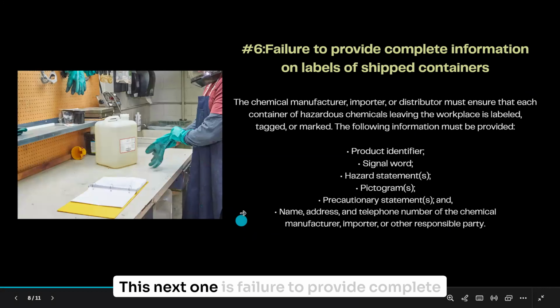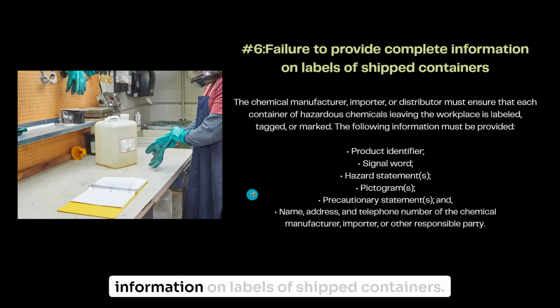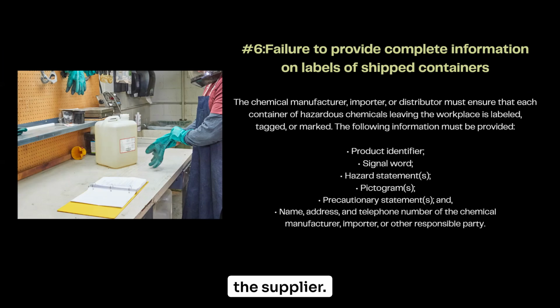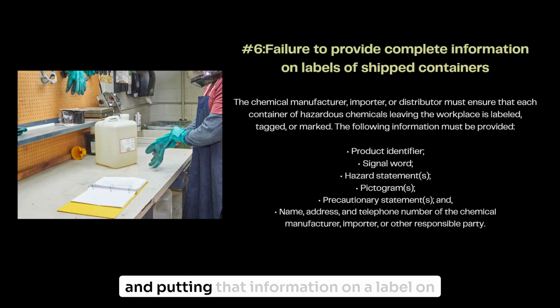This next one is failure to provide complete information on labels of shipped containers. So if you get a container of your favorite solvent or spotting chemical, and it doesn't have the information on it already, you are responsible for getting that information from the supplier and putting it on a label on the container.